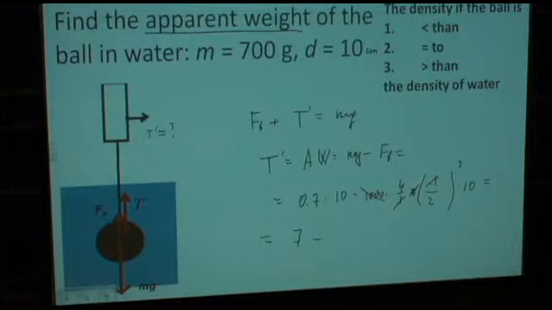So what's left is 4 times 10 divided by 8, because 2 cubed is 8, so 5. So it's going to be 7 minus 5, 2 newtons. So it's all about drawing a free body diagram, setting net force to be equal to 0, and following the lead of the values given to us.